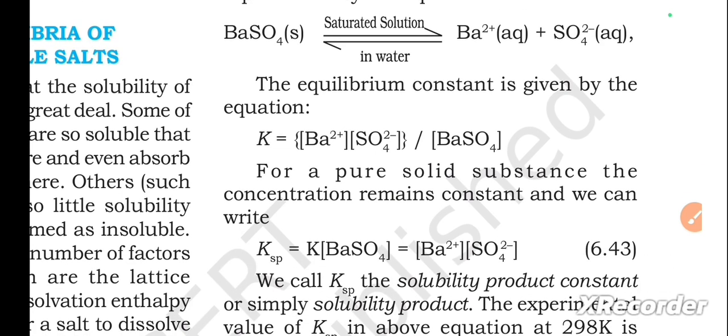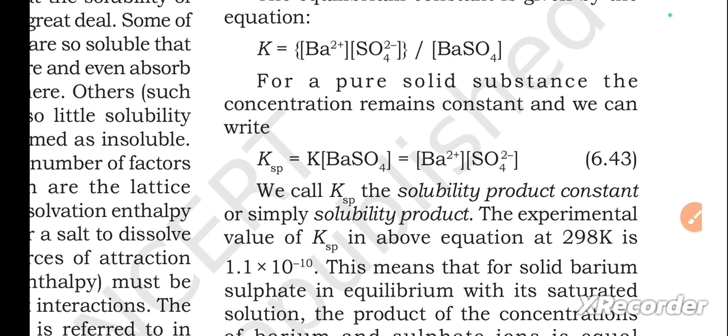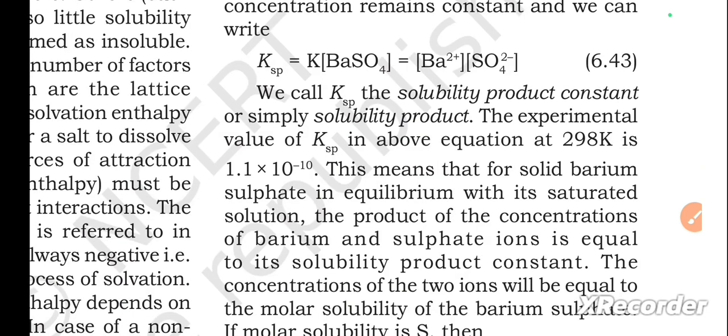The equilibrium constant is given by the equation. Please check it out. For a pure solid substance, the concentration remains constant and we can write Ksp equals K[BaSO4] equals [Ba2+][SO4 2-], equation 6.43. We call Ksp the solubility product constant or simply solubility product.